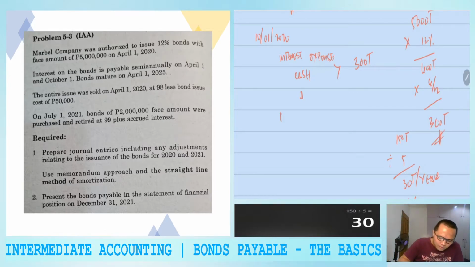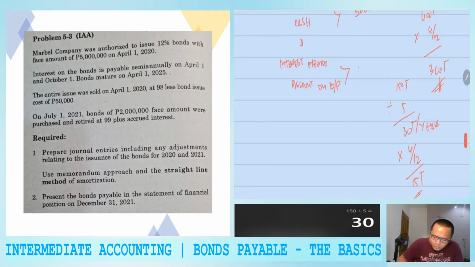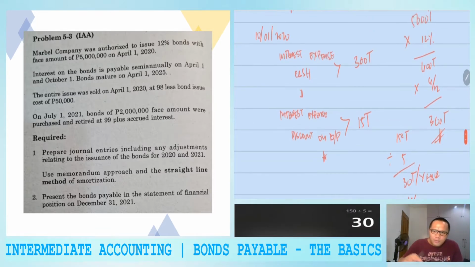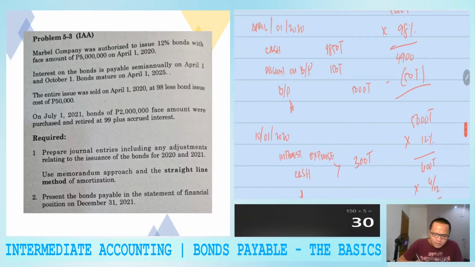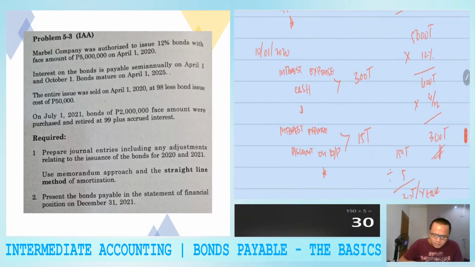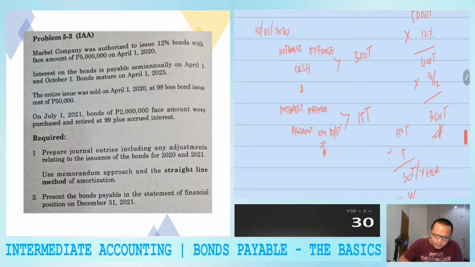So debit interest expense, credit discount on bonds payable, 15,000. So again, why have we credited it? Naka-debit yung discounts natin dito. So obviously, if we are to amortize, that is to be credited. Diba?